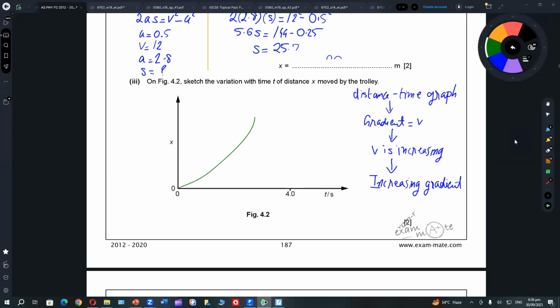But examiner, no, this is better. Copy down this working. Done, sir.